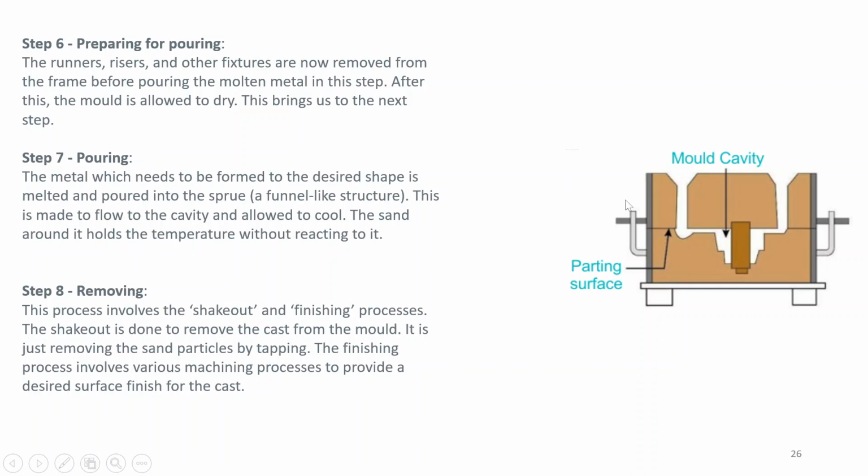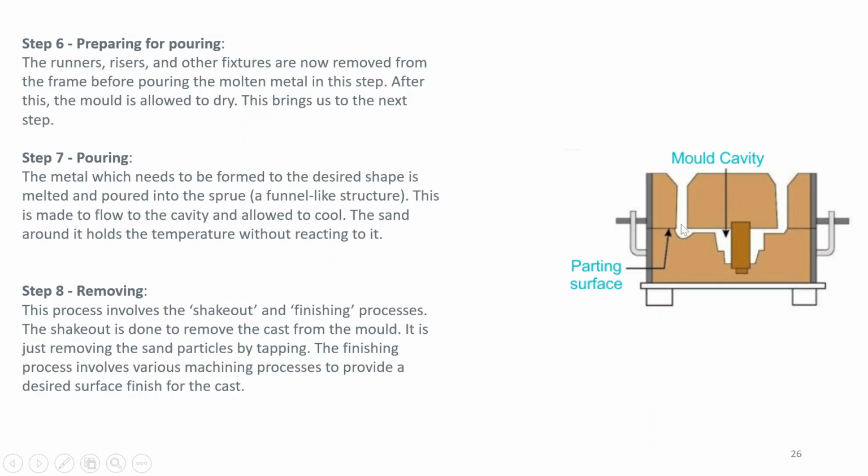After solidification and after cooling of this casting, you will be removing it. So this process involves the shakeout and finishing process. This shakeout is done to remove the cast from the mold, and it is just removing the sand particles by tapping, and the finishing process involves various machining processes to provide a desired surface finish for the cast.